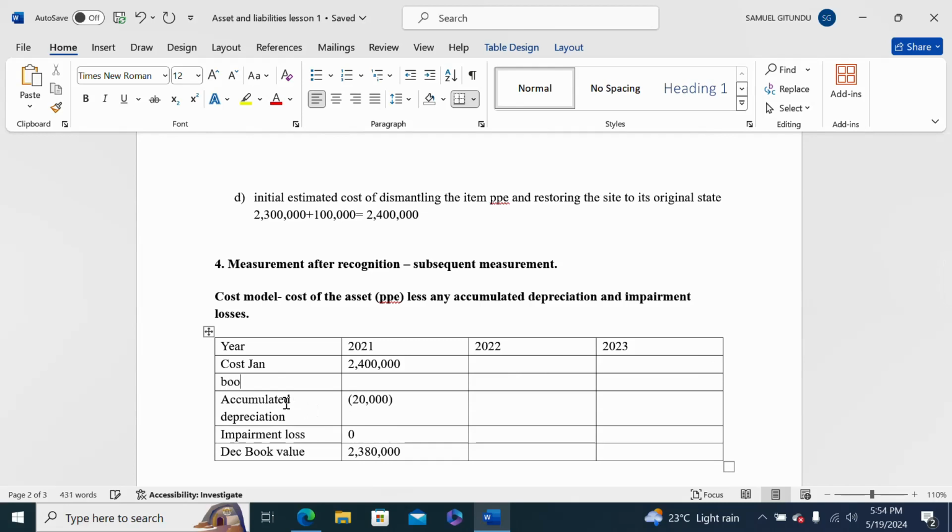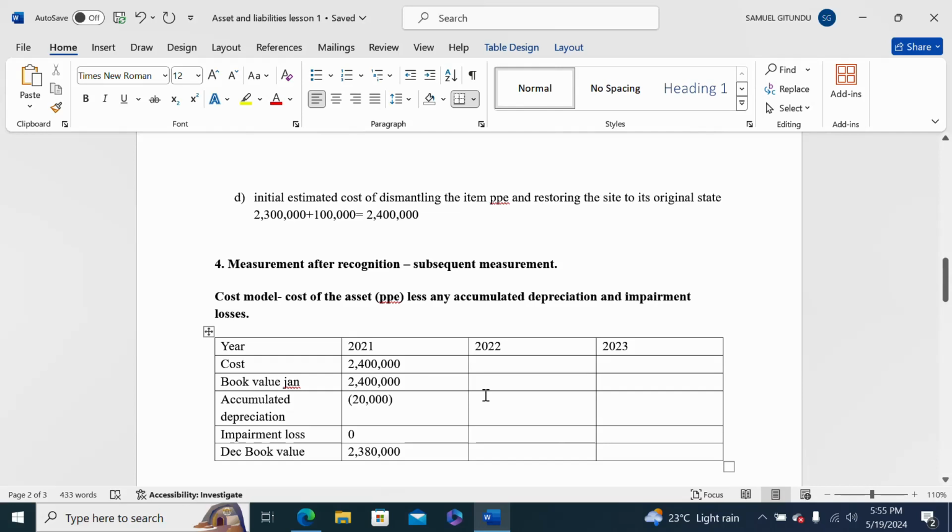So in January 2022, the cost still remains the same, but the book value is now 2,380,000.